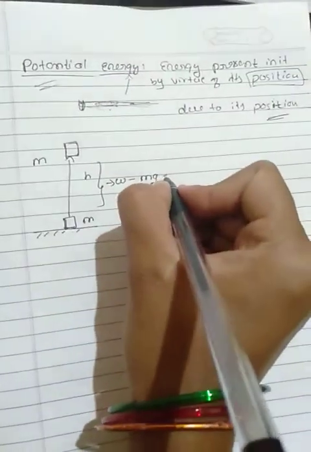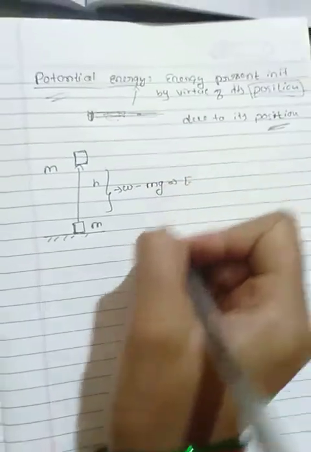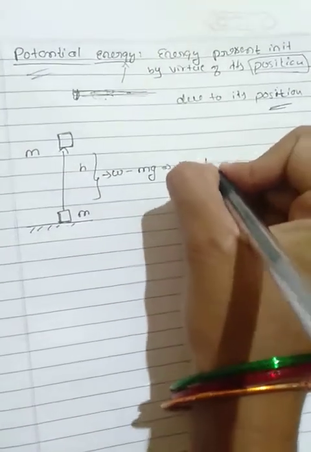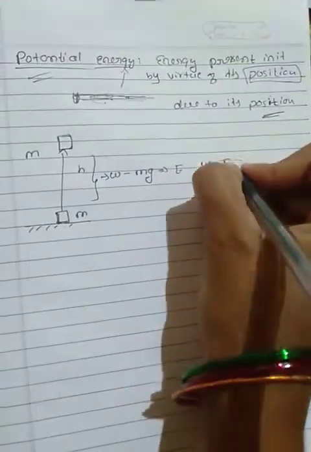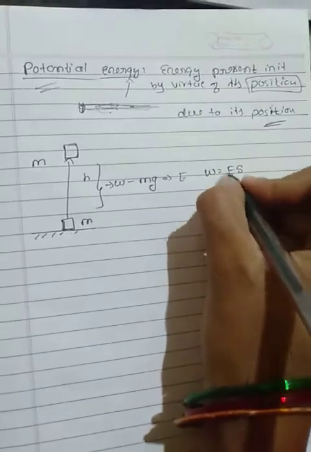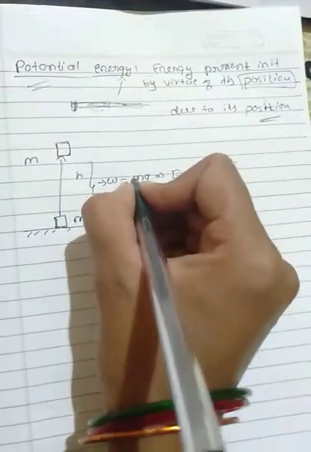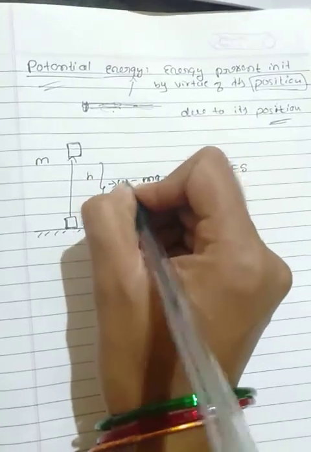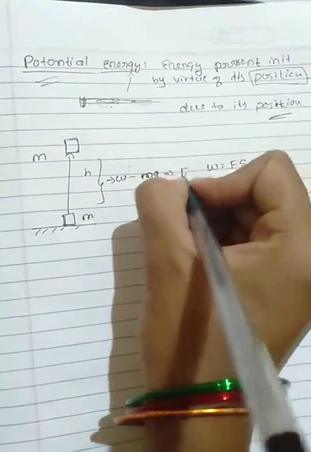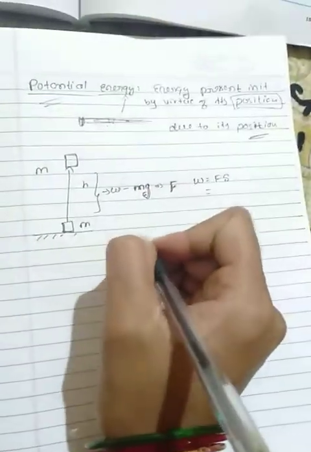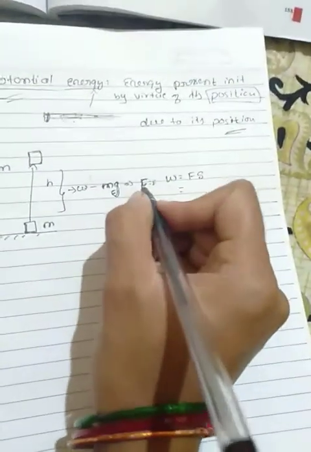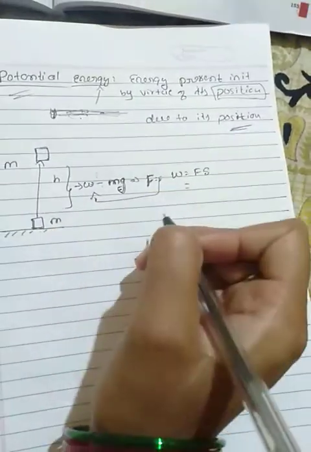We know that work done is defined as force into displacement. Here the force is mg, the weight.